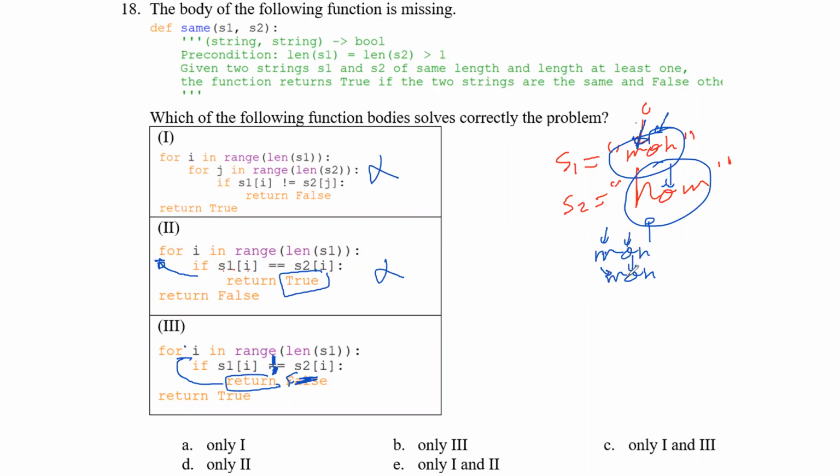Are this one and this one equal? Yes, so this condition is not true. I will go back now. I'm still in the length of S1. So now I compare H and H. Are they equal? Yes, so I will not go here. I will go back here. The loop is done. What do I return? True. Clear? The loop is done. I return true. So here it's different from, I think it's a mistake. This is not the most updated version, it seems. So it contains a mistake.